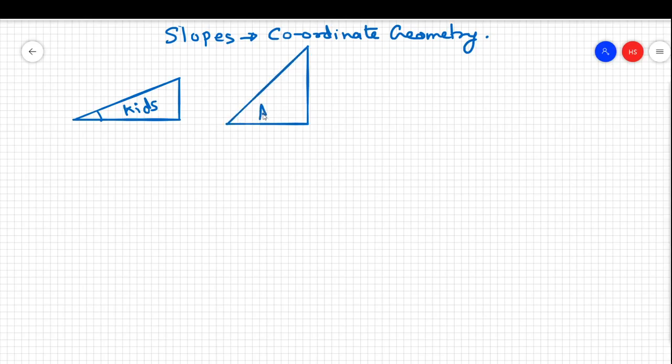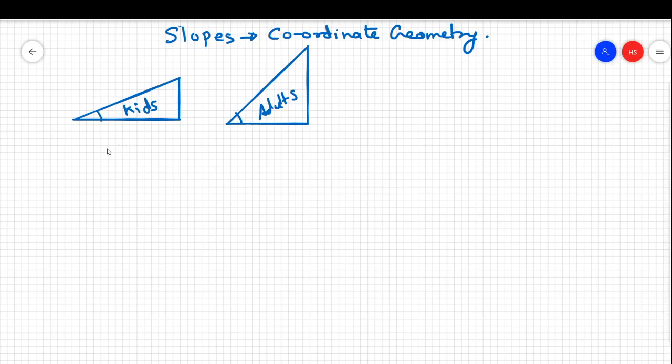So what will you observe here? You will say that the slope of the slide for kids is less than the slope of the slide for adults. Fair enough, that is a fair intuition when we talk about slopes.